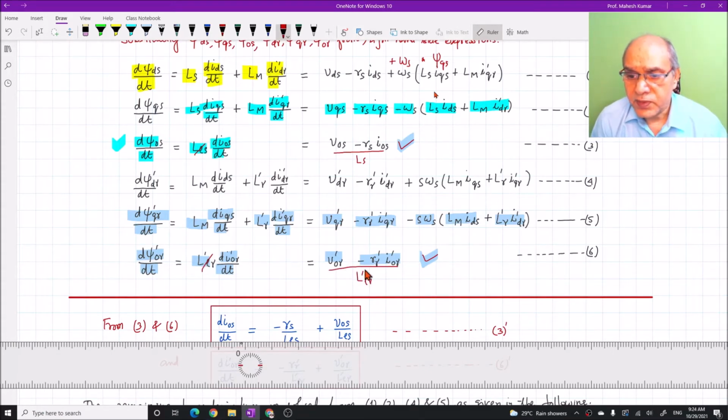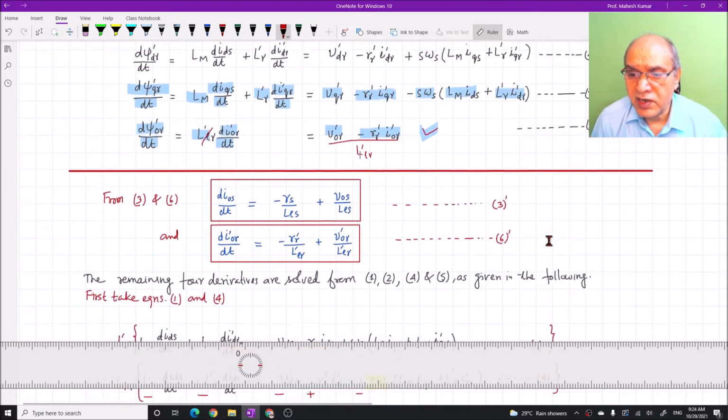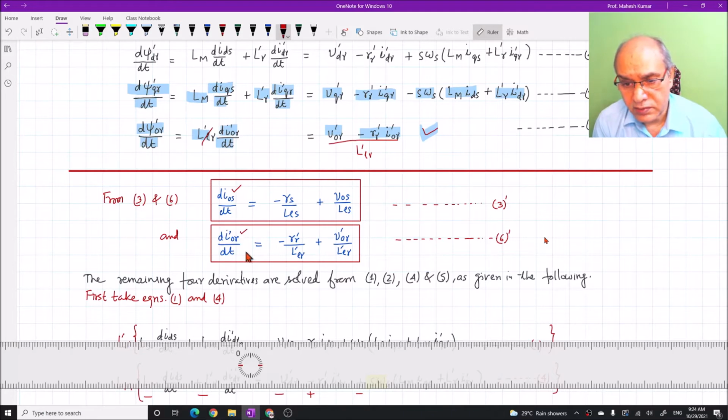So these are the new equations equivalent to 3 and 6: di0s by dt equals minus Rs i0s by Lls plus v0s by Lls, and di0r dash by dt equals minus Rr dash i0r dash by Llr dash plus v0r dash by Llr dash. So we now have the derivatives of the zero sequence quantities for the stator and for the rotor.